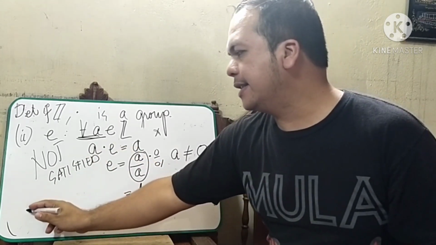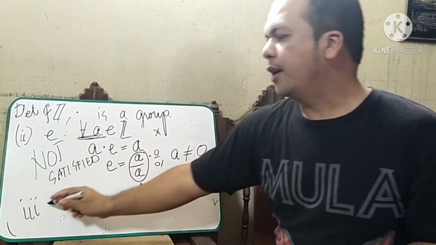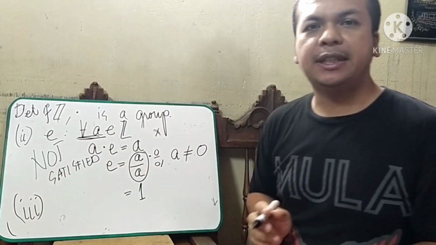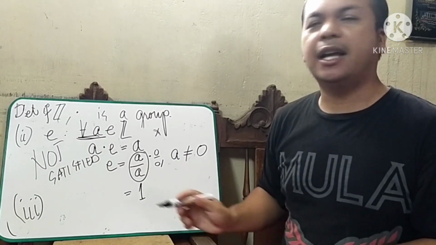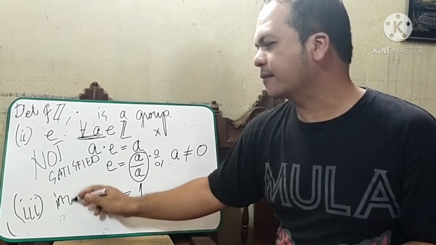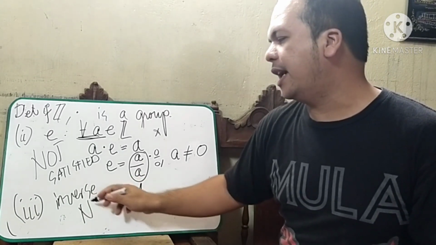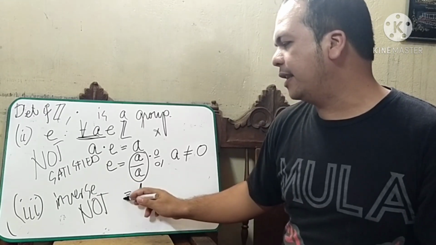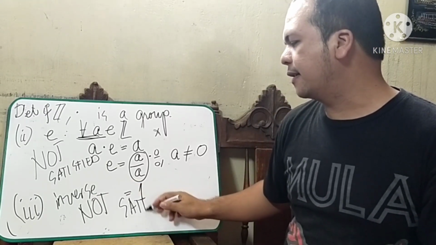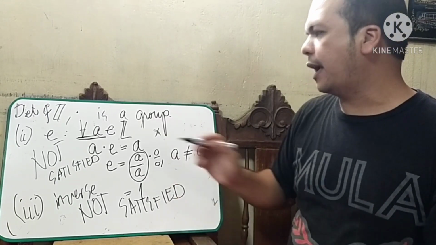Okay. And since not satisfied yung second property, pwede rin sabihin na yung third property, existence of an inverse element, hindi rin siya satisfied. Not satisfied. Okay.